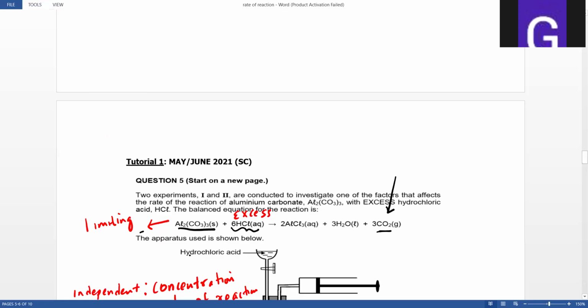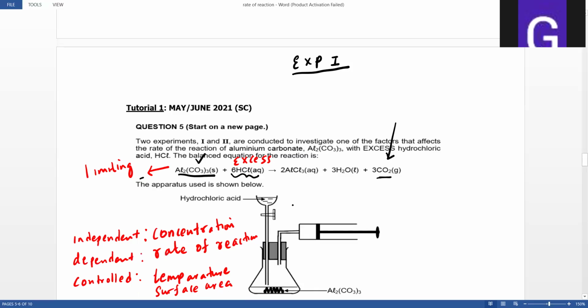So in experiment 1, we need to consider the limiting reactant because it will be used up. It's the one that will produce the carbon dioxide. If we just use hydrochloric acid, we have to know the reacted number of mole, not the initial, because not all of it will be used up.